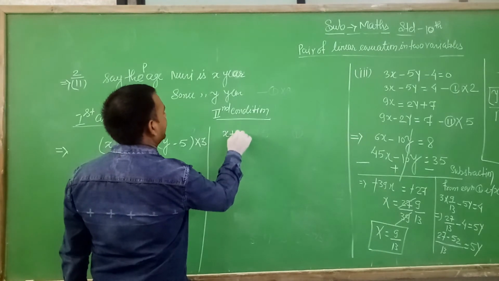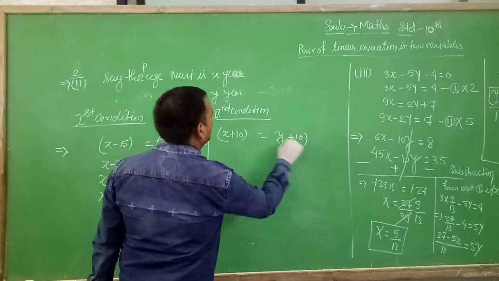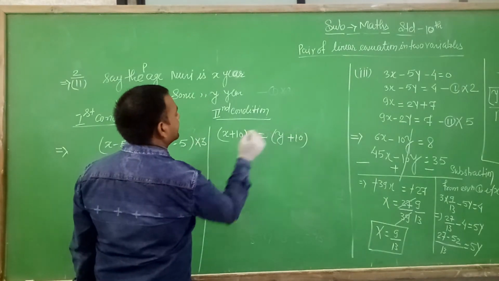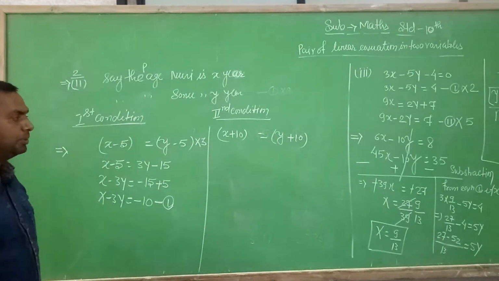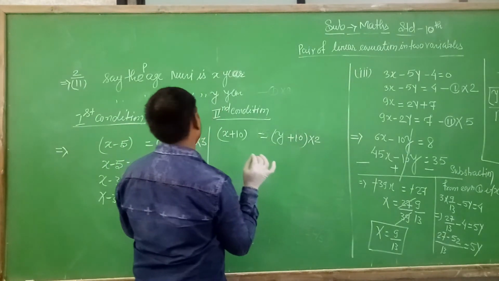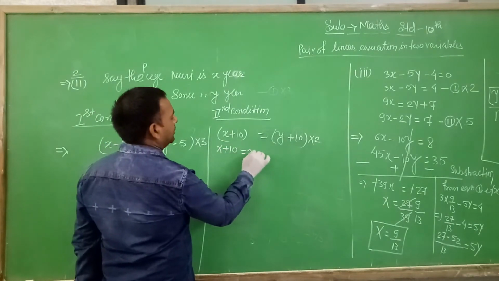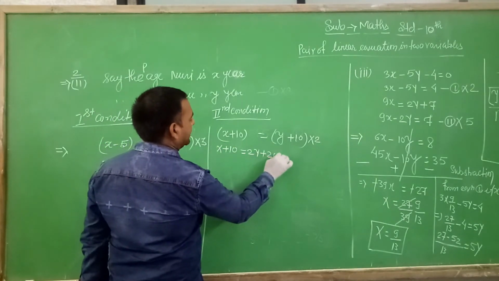So x plus 10 and y plus 10. Nuri is twice as old as Sonu, so you multiply the age of Sonu by 2. So x plus 10 is equal to 2y plus 20.